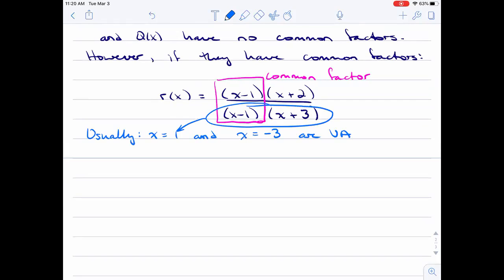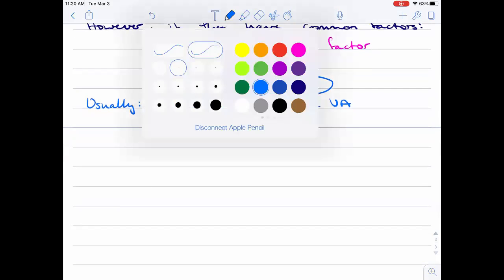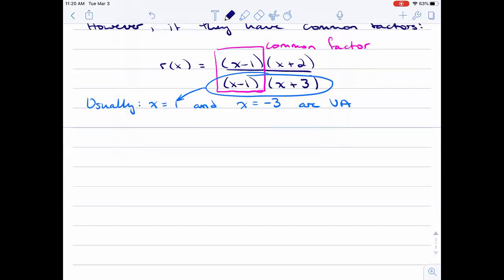But because we can cancel out the x minus 1 with the x minus 1, that doesn't disappear. It's still going to be in there, and it's going to be an issue of the graph from the original function. But how it behaves is not a vertical asymptote anymore. It's going to just be a hole at x equals 1.